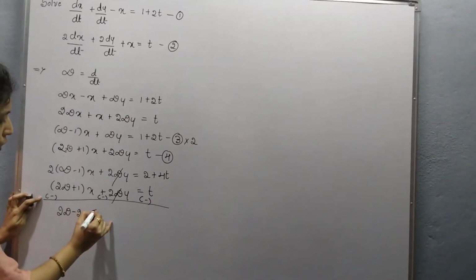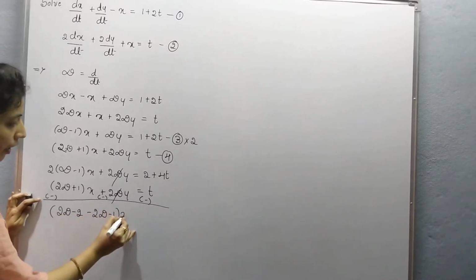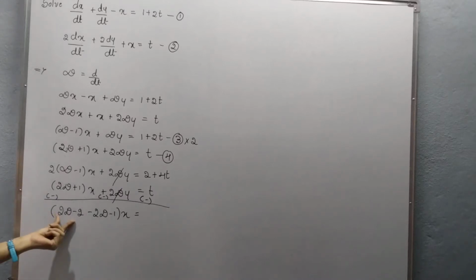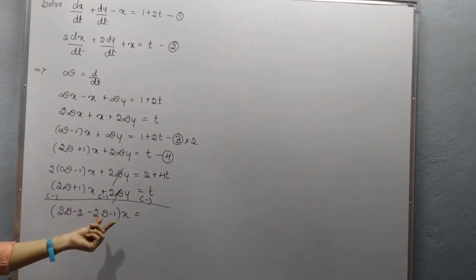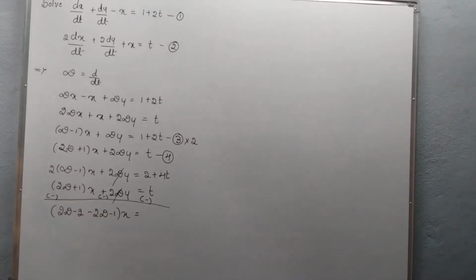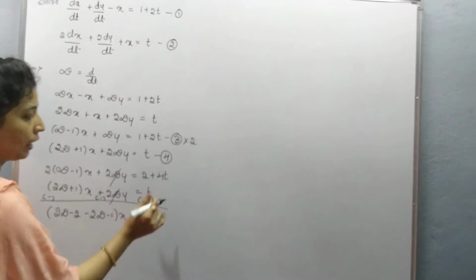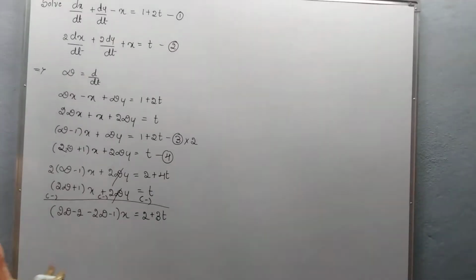The terms are (2D minus 2) minus (2D plus 1) into x is equal to 2 plus 4t minus t, that is 2 plus 3t.